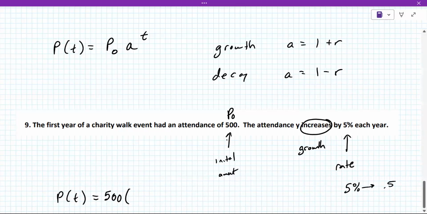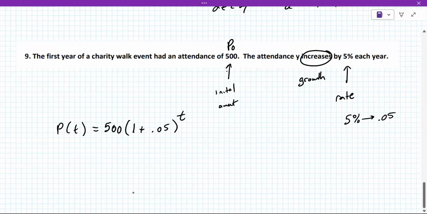That would be 50%. Oh, 0.05, sorry. Good, good. Okay, so it becomes 1 plus 0.05 to the power of t. Okay, so we're using this equation up here. They're giving you P0, and they're saying it's 500 times 1 plus 0.05, and we can add those together. So it's 1.05 to the power of t.